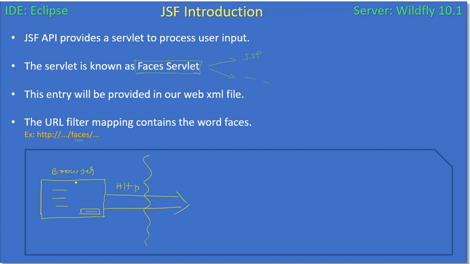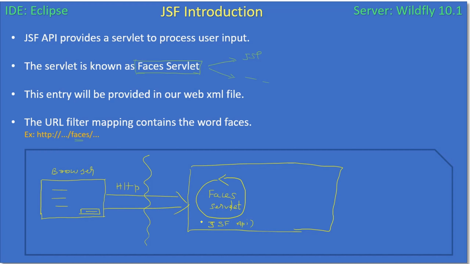From the browser, let us assume that an HTTP request goes out to the server, and the server will have a faces servlet, and this servlet is provided by the JSF API.